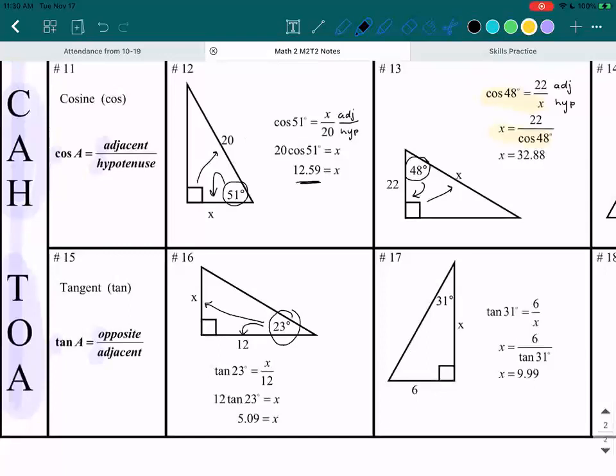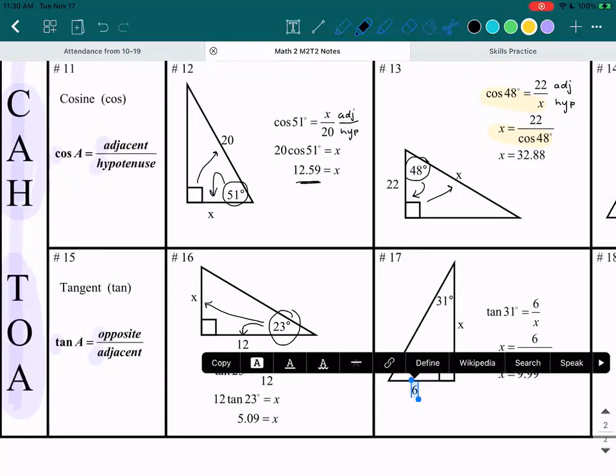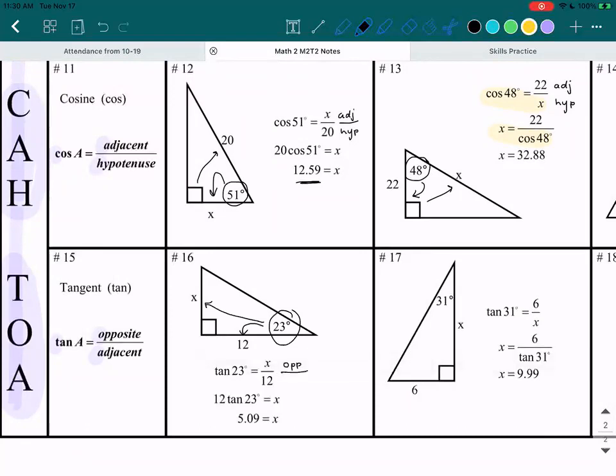So since we have opposite and adjacent, we should use tangent. So then we put it together. Tangent of 23 degrees is x over 12. Multiply by 12 on both sides. Type it in a calculator and you get your answer. 5.09 is equal to x.